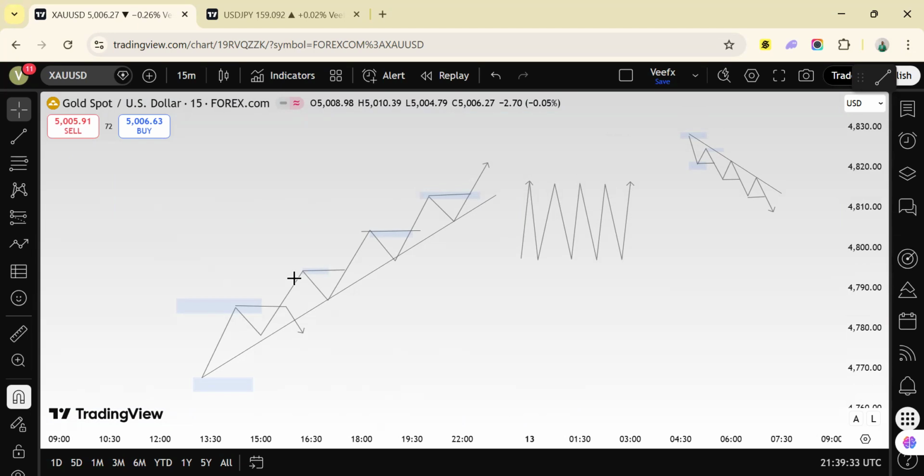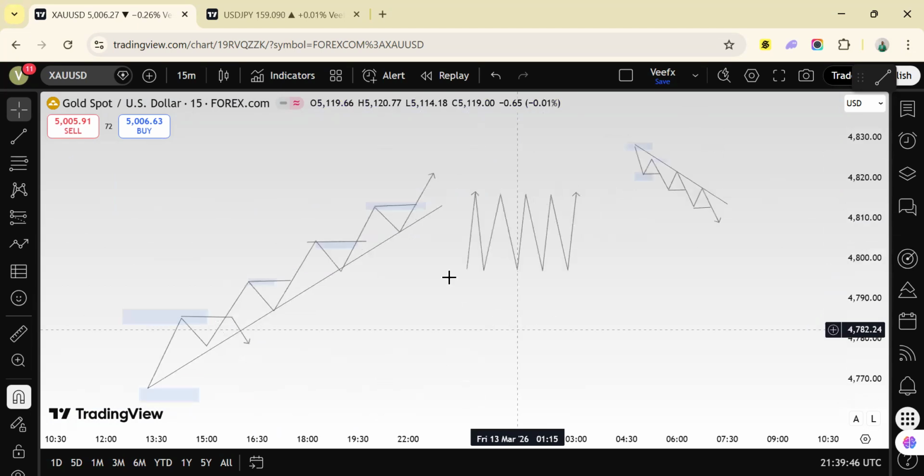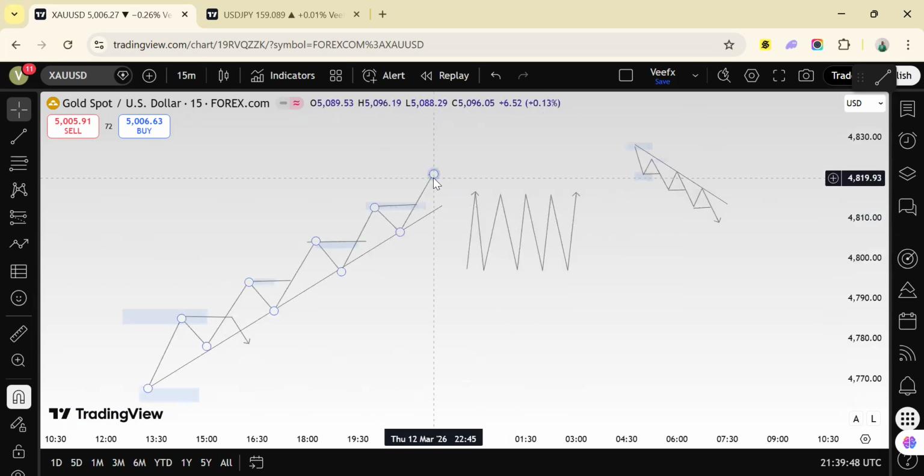You are either looking to join that trend, which means you want to join the continuation. So just as the market was ranging to the upside, let's say it was here, you either keep looking out to keep taking buys, buys, buys, or when it goes to a level, you want to start taking sells. Now, if you want to trade in the opposite direction, you need to make sure that you look out for the concept of a market structure shift.